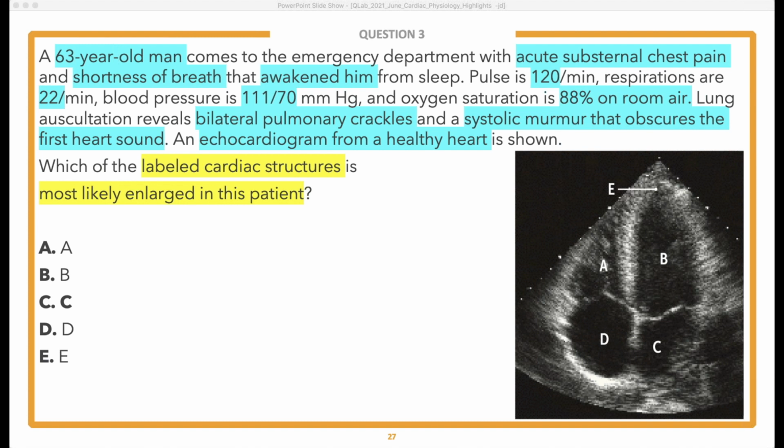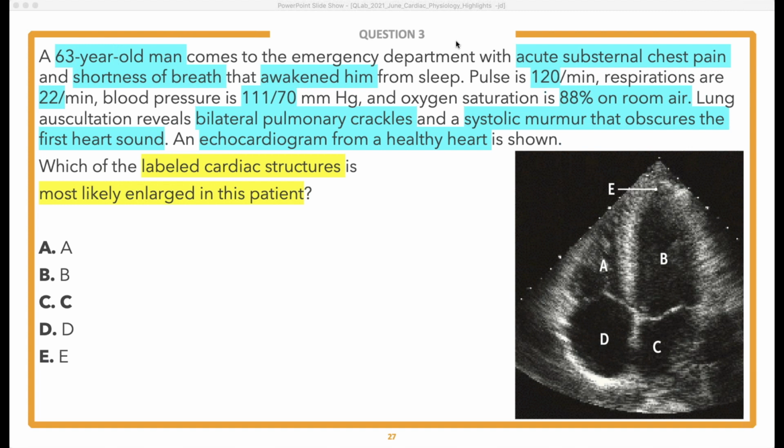So what then happens? Well, during ventricular systole, blood is going to leak back into the left atrium. So the left atrium volume and pressure are going to increase, and that's going to lead to some backup and cause pulmonary edema, and we're seeing that with bilateral pulmonary crackles. Eventually, over time, that increased volume and pressure in the left atrium can lead to enlargement of the left atrium.